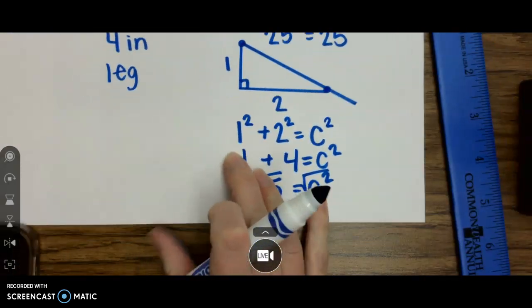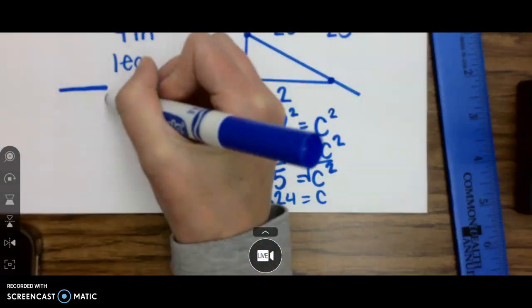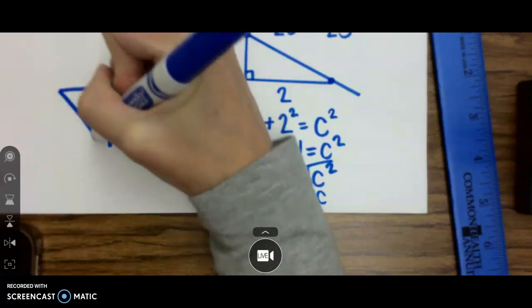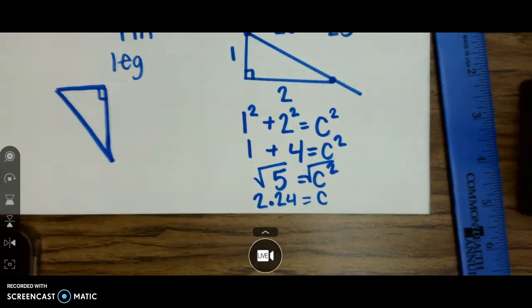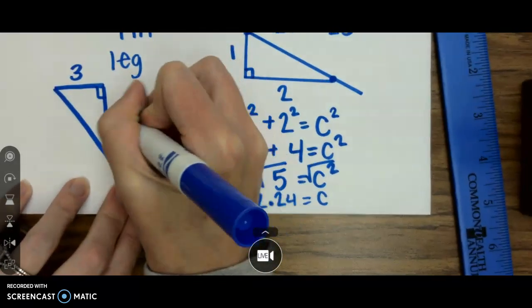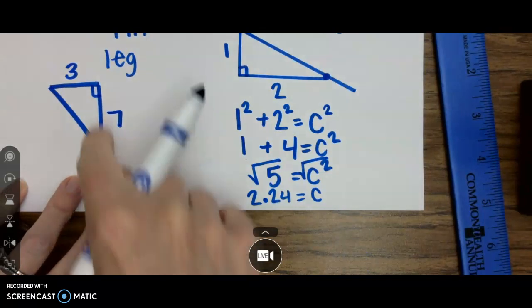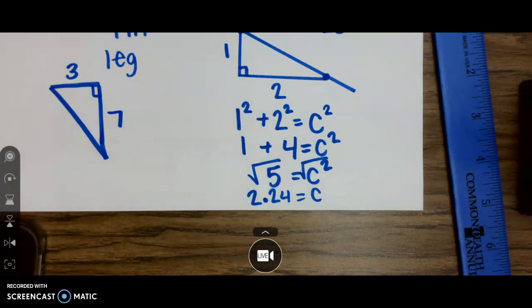All right, let's try another one. I'm just going to draw this one in a different direction. All right, so we'll say this is our right angle for this one. And we're going to say this is 3, this is 7. Clearly not drawn to scale because this one should be more than double the other one, but we're going to go with those numbers.